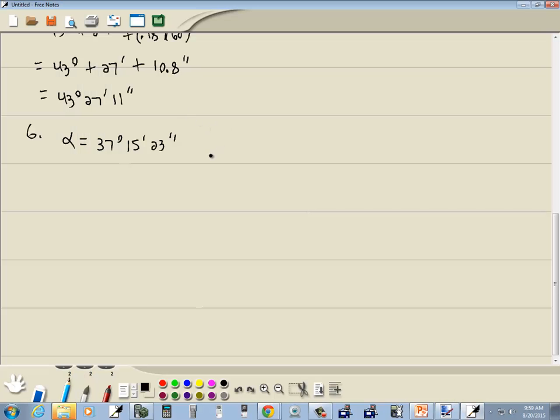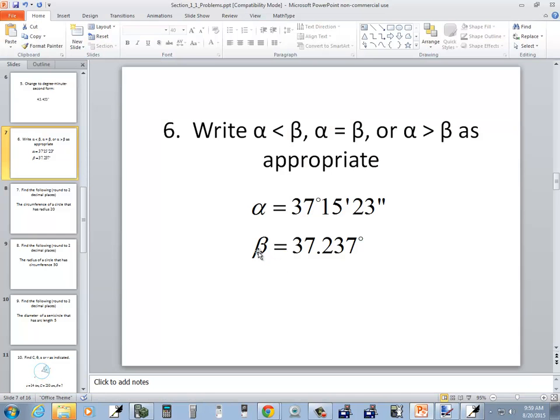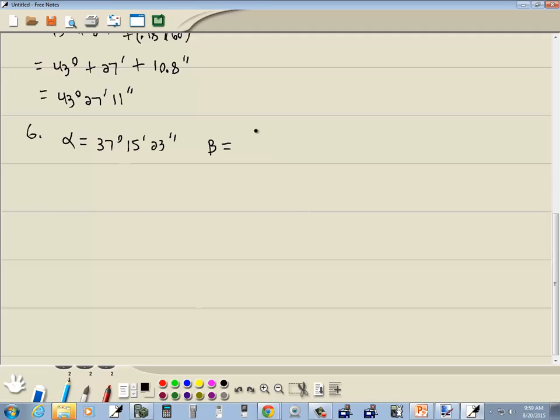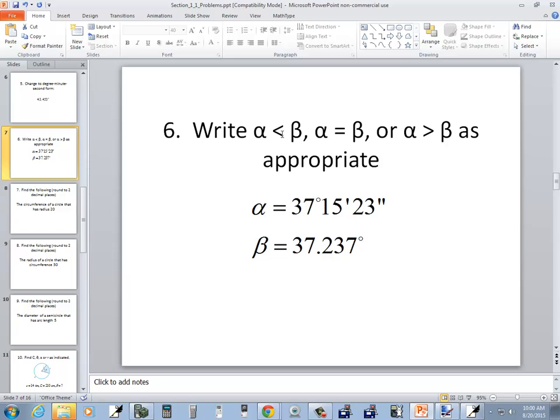And beta, extra B with a line, and it's kind of curved like that, I don't draw them real well, is 37.237 degrees. And it's asking us to identify whether alpha is less than, equal to, or greater than beta.